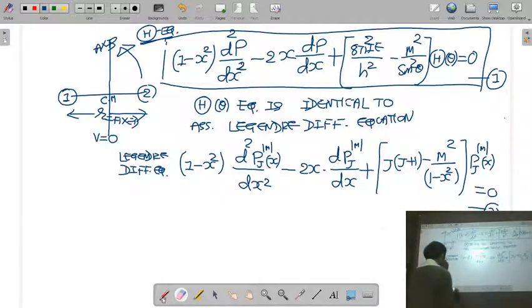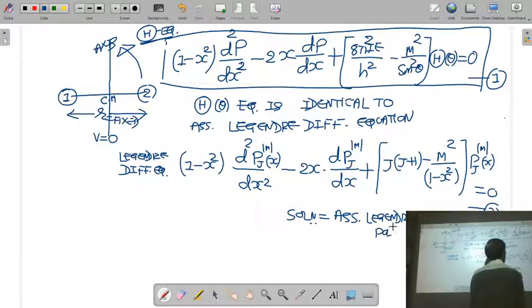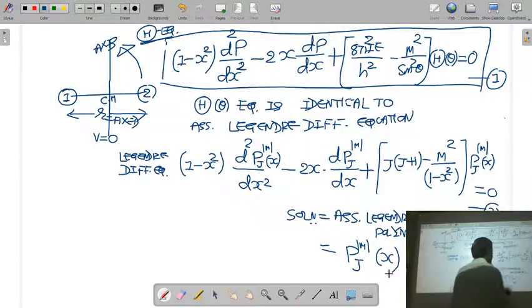The solution of this Legendre differential equation is given by the associated Legendre polynomial, and it is denoted by P_j^m(x).